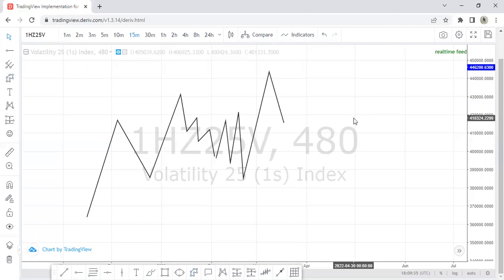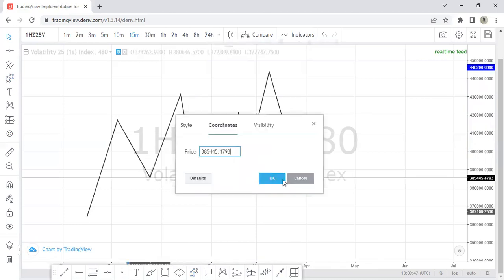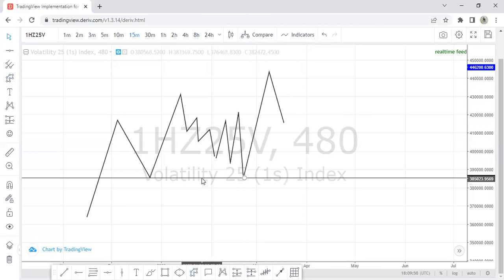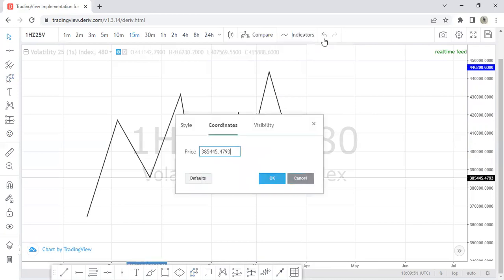All right. So that brings us to market structure now. So when the market makes a higher high and a higher low, now how we identify internal liquidity is that we have our external liquidity at this point here, right? At this extreme point. Let me use a horizontal ray, sorry.